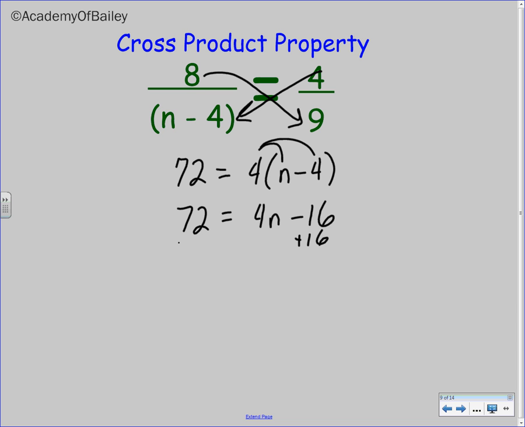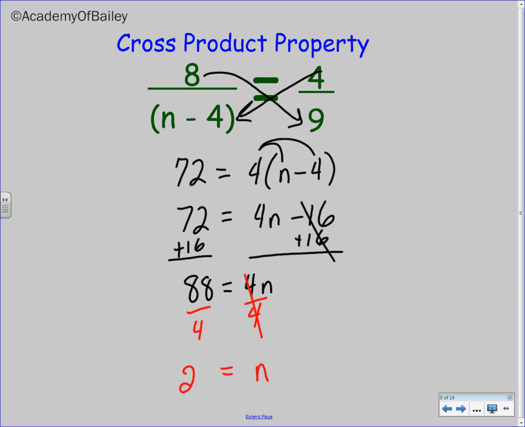We're going to add 16 to both sides, so that leaves us with 88 is equal to 4 times n. And from here, divide by 4, divide by 4. n will equal 22. That's what n is equal to, 22.